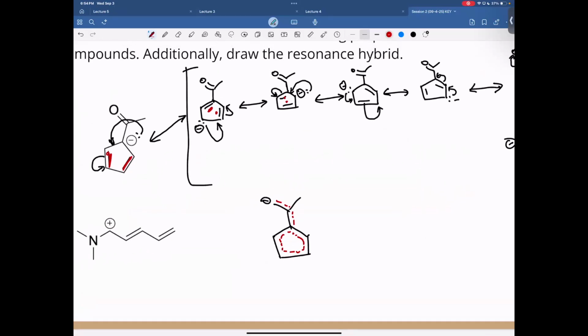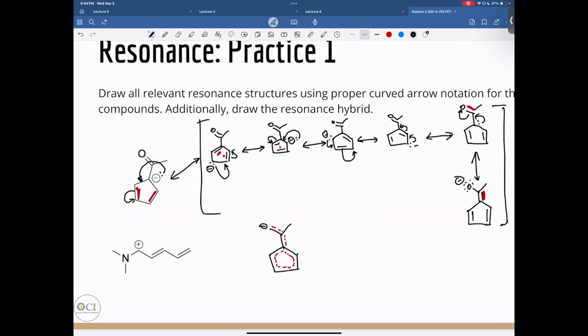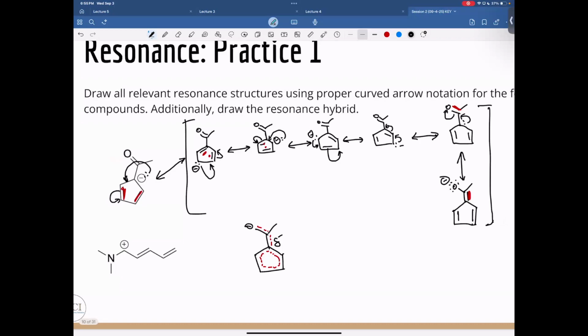Then all we got left to do now is to show the partial charges. So partial charges is pretty easy. Wherever there was a charge, you just put a partial charge. So for example, there's a partial charge here, right? Partial negative. So we'll draw a partial negative here. There is also another charge here. So we can draw a partial charge here. There is a charge here as well.